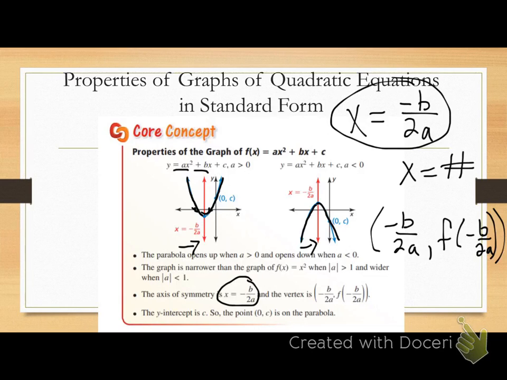So the point (0, c) is my y-intercept. Everyone see that? Using those three things, I can graph my parabola. Any questions before I move on to the example? Can I go ahead and move on, or are we still writing?